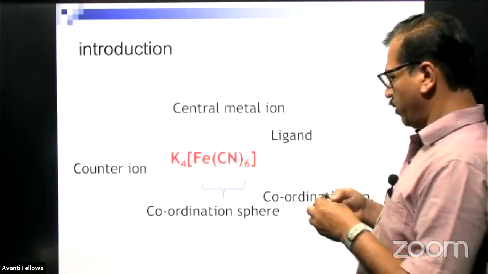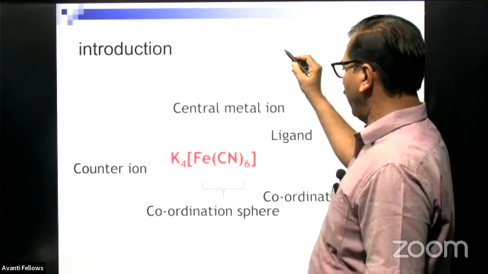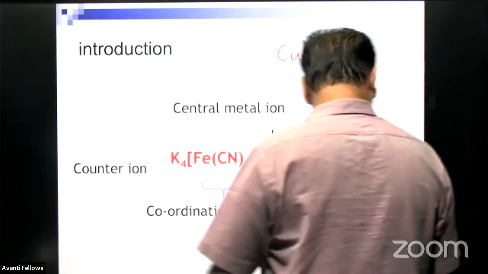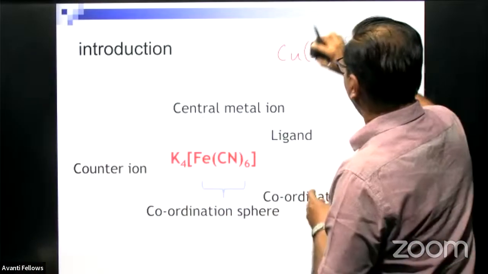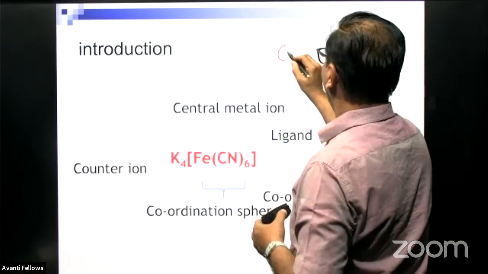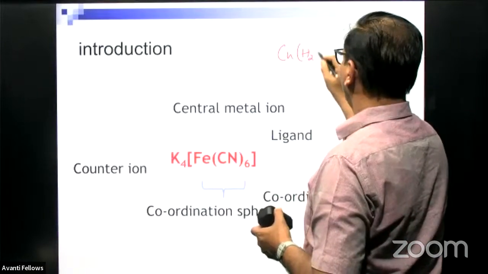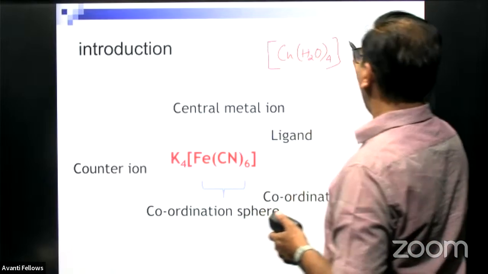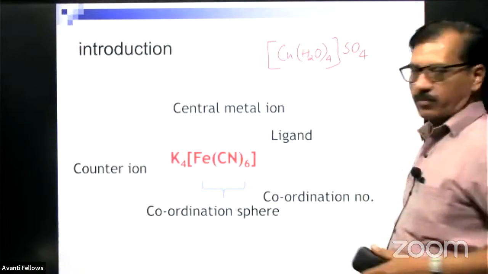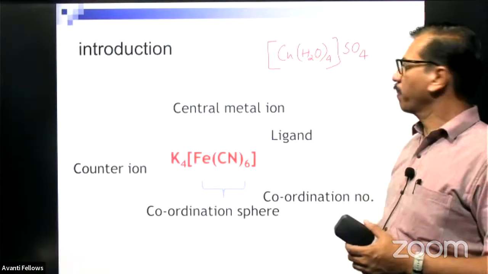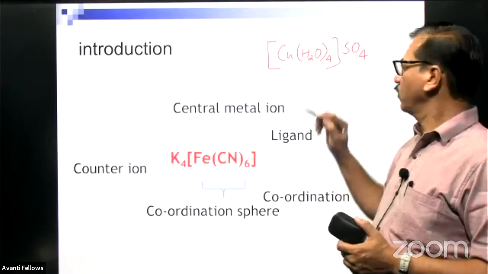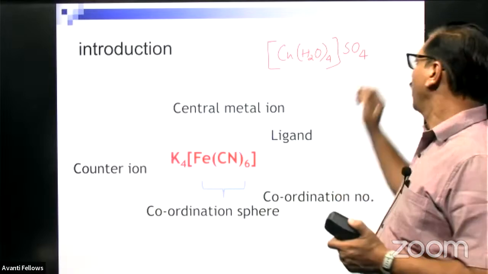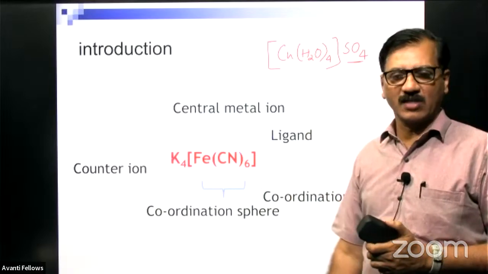Now suppose I take Cu(H2O)4 SO4. In this coordination compound, copper is the central atom, H2O is the ligand, 4 is the coordination number, and the counter ion is the sulfate ion.